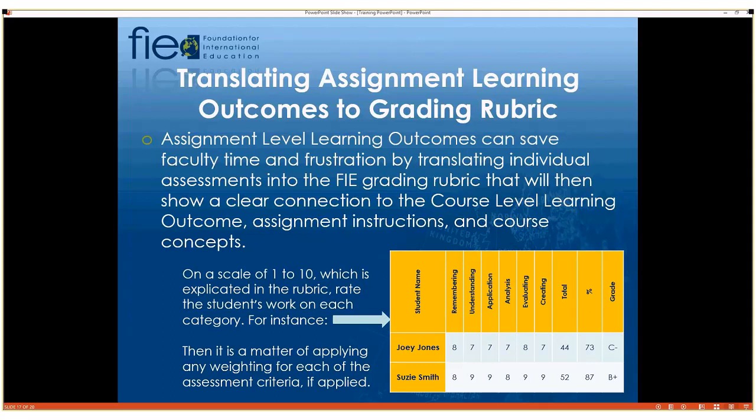If you weight any of the criteria as more important, then here is where you will apply that weighting. For example, when teaching our freshman courses, there is likely to be less weight tied to the upper level learning outcomes, such as analysis, evaluating, and creating.